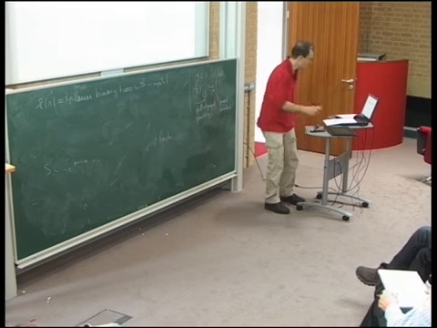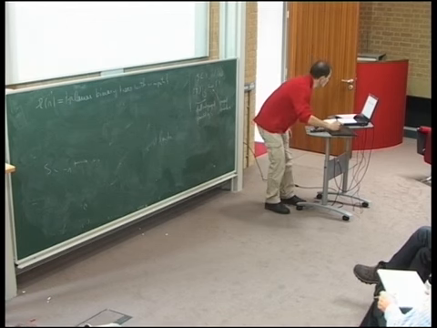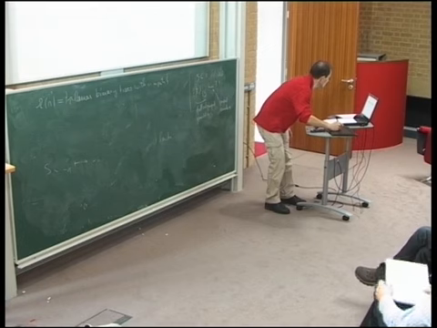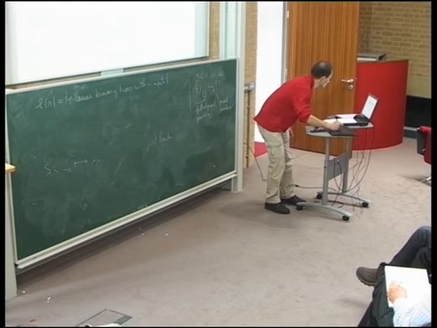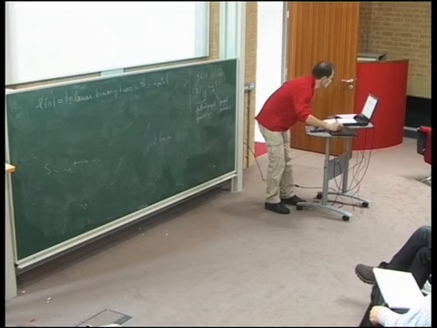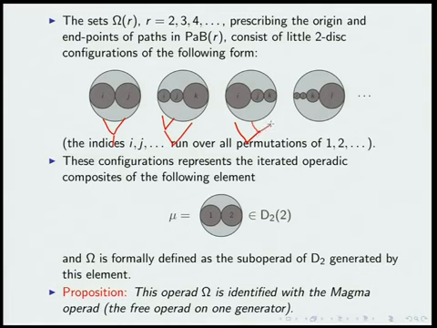So maybe I can draw the trees. Here you take the single binary tree with two inputs. And here you get this tree, here this one, and here this one.